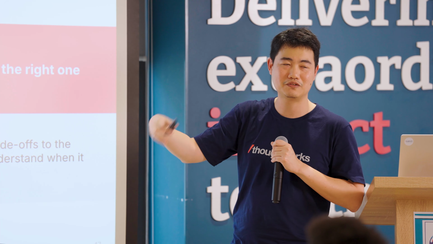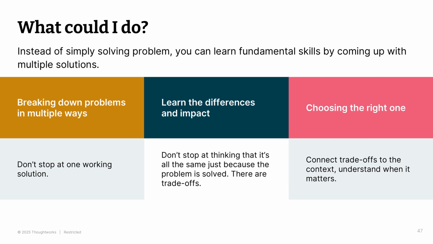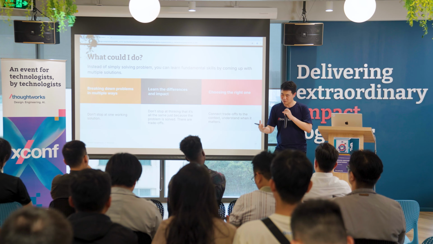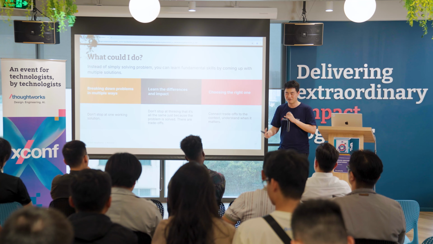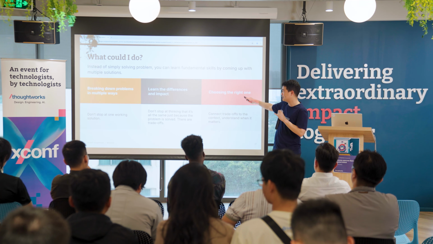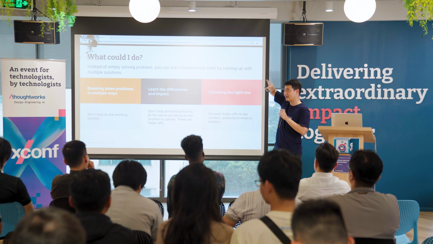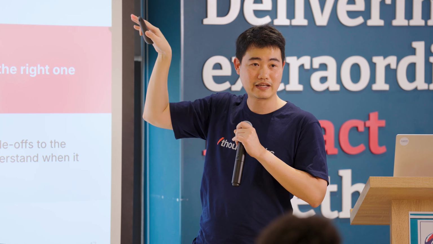First, when you have a problem, try to come up with multiple ways to solve the same problem, with different types of breakdowns. Take a look at those solutions and see if they solve it. If both can solve it, then what is the trade-off here? Once you start to learn about that, you can start looking at the bigger context and choosing the right solution for those contexts.